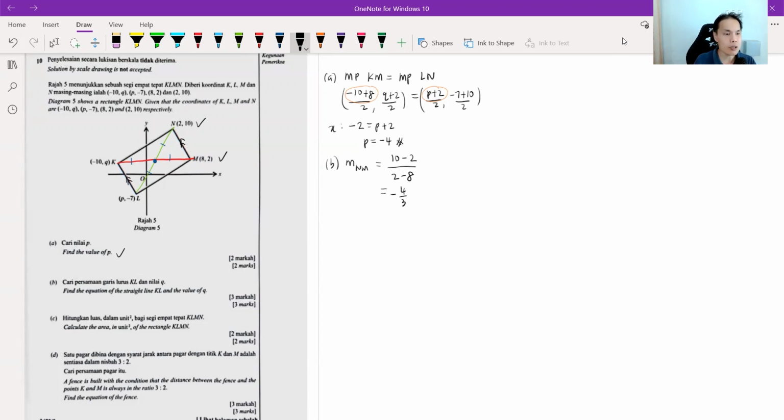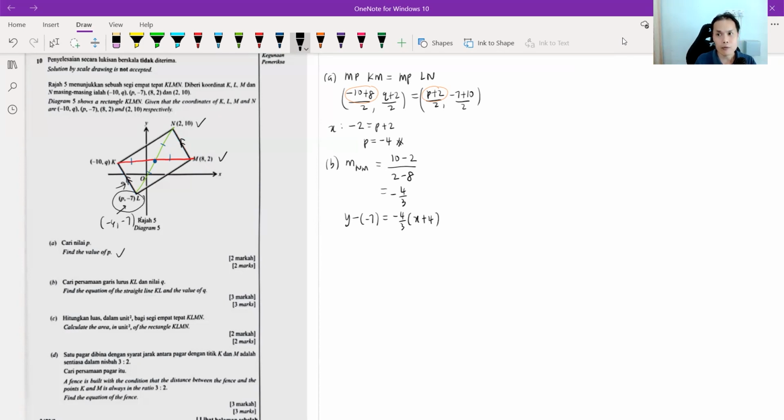So to form the equation of straight line KL, since I know point L, I know P. P is -4, so this coordinate is -4, -7. So I'm going to use Y minus Y1. My Y1 is -7. Gradient is -4 over 3. X minus X1. X1 is -4, so -(-4), we write +4.